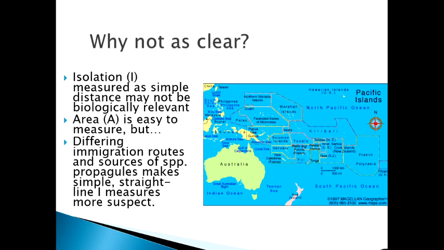This is never as clear as the beautiful species-area relationship, mostly because isolation is never just a straight linear feature.